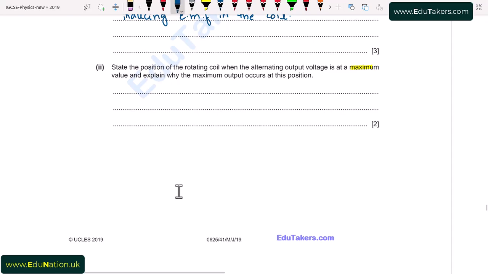So I write here: horizontal position, that is the current position of the coil.